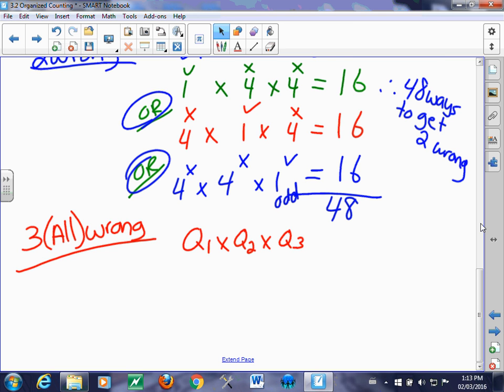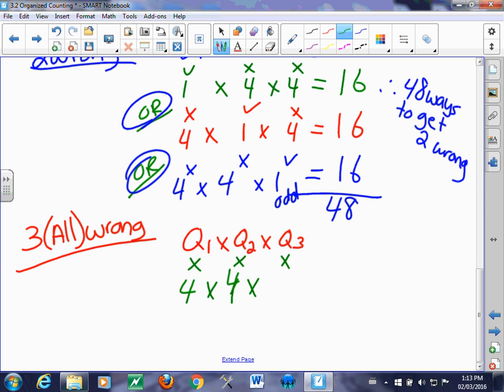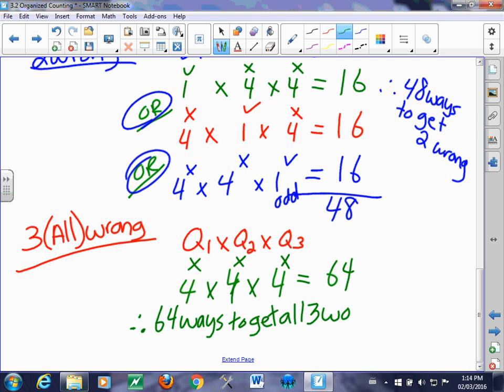So, if I got all 3 wrong, folks, how many different ways is it to get a question wrong? 4 different ways. And we have all 3 of them wrong. So 4 times 4 times 4 equals 64. Okay, so therefore, there's 64 ways to get all 3 wrong.